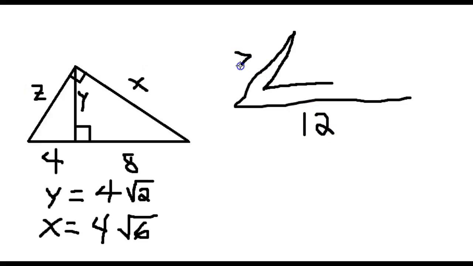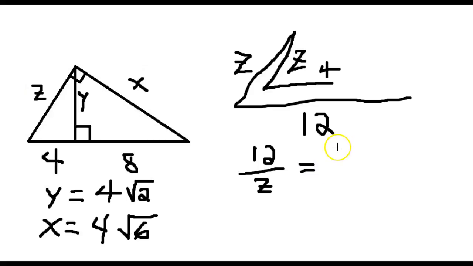The short leg of the large right triangle is z, and then we have z again, and then the short part of the hypotenuse is 4. This allows us to write the proportion 12 over z is equal to z over 4.